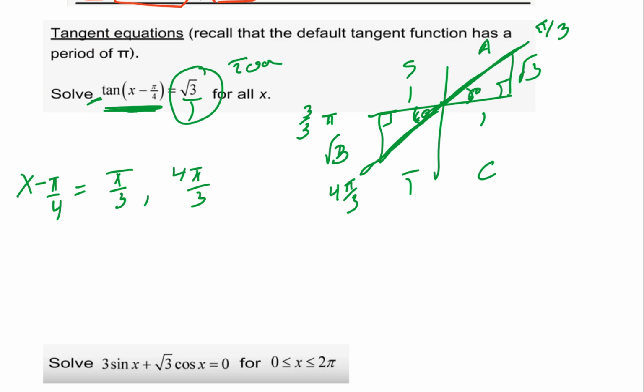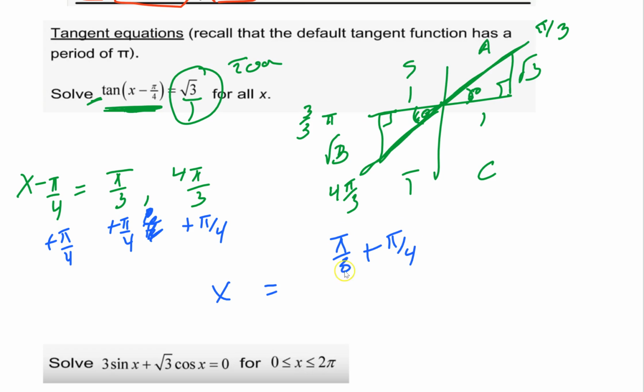How do I solve this? Well, just math. Add pi over 4 to both sides. That part kind of sucks. You have to do common denominators, but pi over 3 plus pi over 4, common denominator would be 12. Let's do it over here. So I have pi over 3 plus pi over 4.